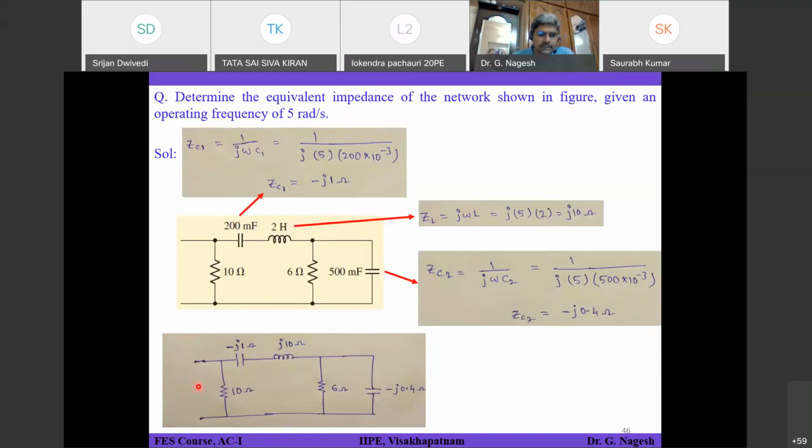When you want to calculate the Z equivalent at these open circuit terminals, you first have to do the parallel combination of this 6 and minus j4. Whatever result you get will be in series with these two elements. After that, you find this net impedance, and then you find again the parallel combination of these two. We'll see that.